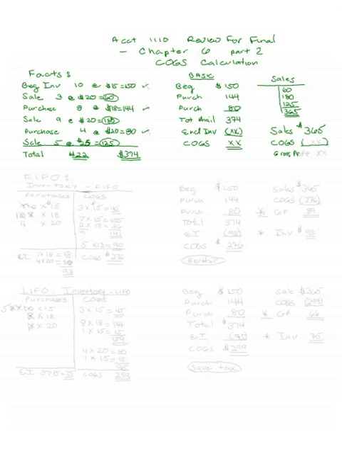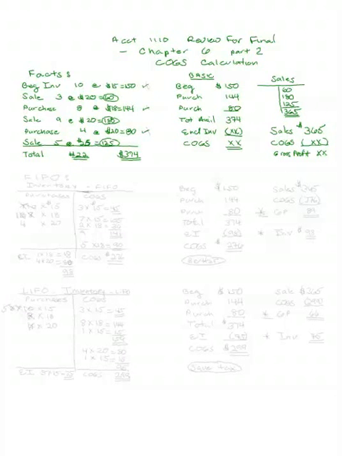Now we'll talk about the differences. We don't know what these are going to be until we work through, but this is what's going to go on the income statement. And you do have a choice. When you use FIFO and LIFO and weighted average, it's going to affect how much is in cost of goods sold and how much is in gross profit.